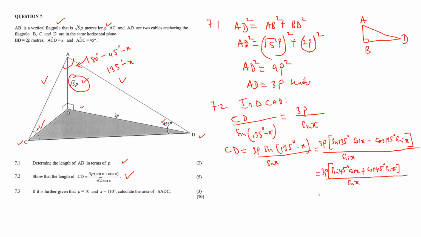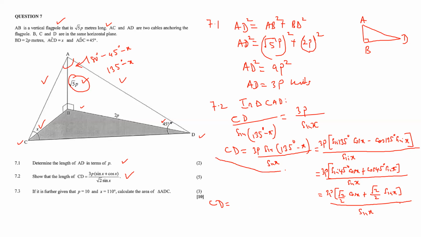So what is this? It is 3P into, the sine of 45 is the square root of 2 over 2, cosine X plus the square root of 2 over 2, the sine of X, all divided by the sine of X. These can be further simplified to yield CD.